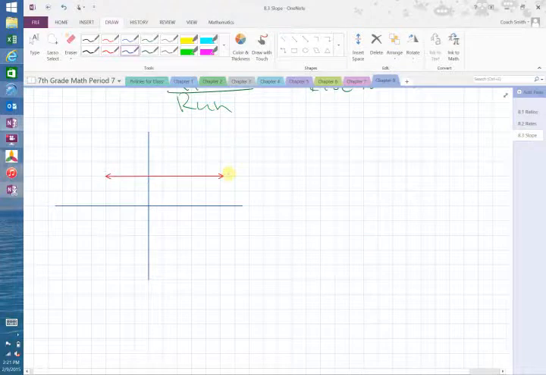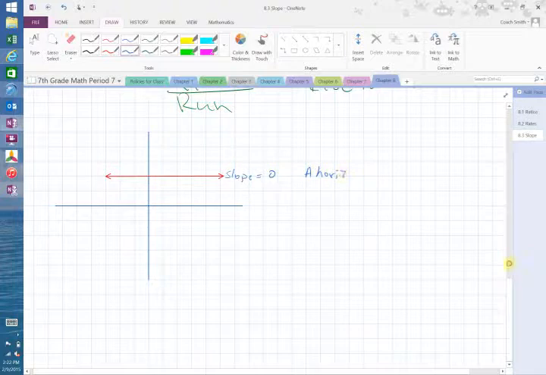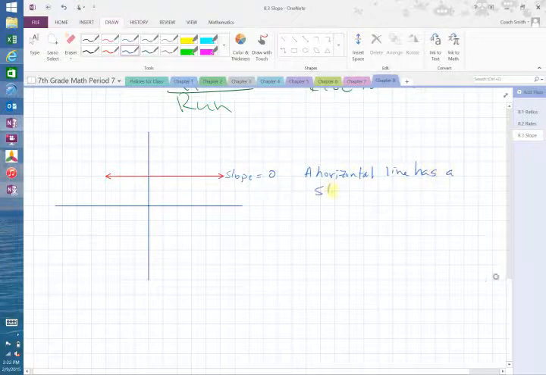Okay, the slope here is equal to 0. The slope of that line is equal to 0. Okay, there is a difference between 0 and what I'm fixing to tell you about vertical lines. Okay, a horizontal line has a slope of 0.